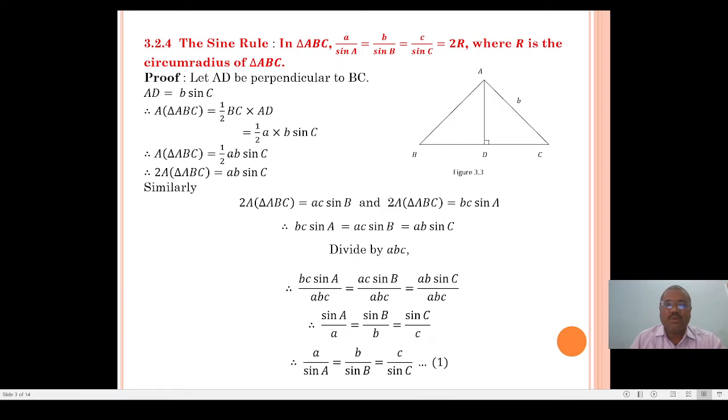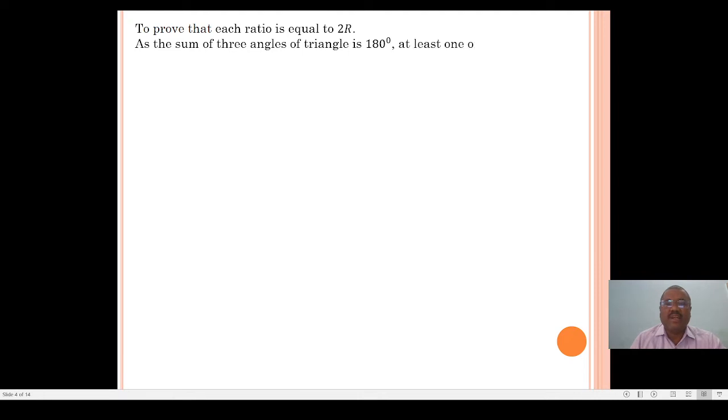Now we have to prove each ratio is equal to 2R. To prove that each ratio is equal to 2R, as the sum of three angles of a triangle is 180 degrees, at least one angle of the triangle is not a right angle.